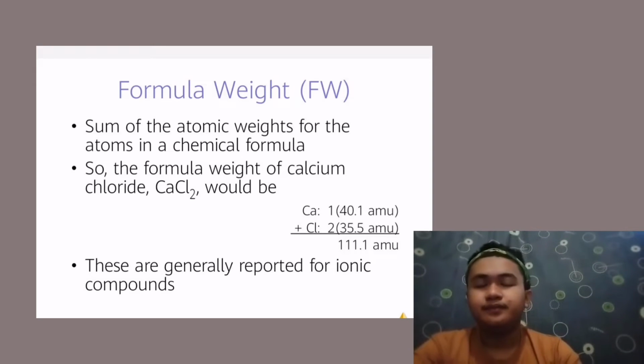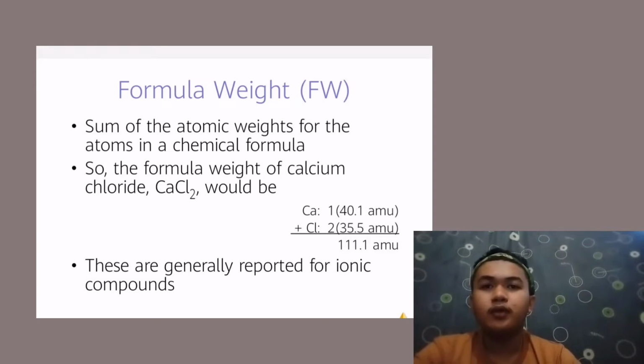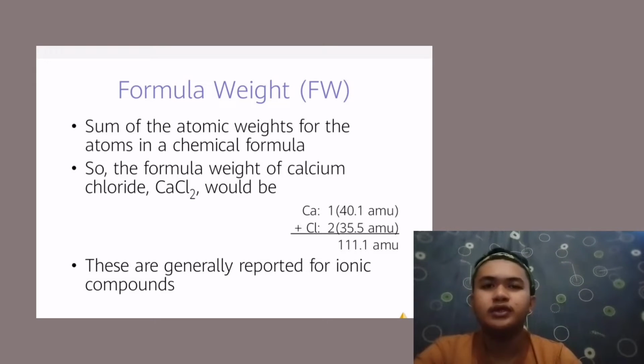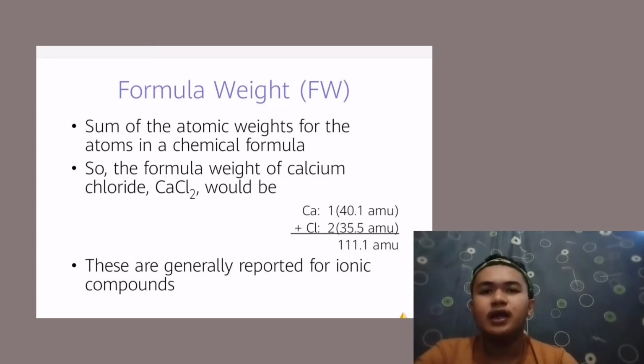Formula weights. Sum the atomic weights for the atoms in the chemical formula. So the formula weight of calcium chloride would be Ca 40.1 atomic mass units plus Cl2 35.5 atomic mass units each, 111.1 atomic mass units. These are generally reported for ionic compounds.